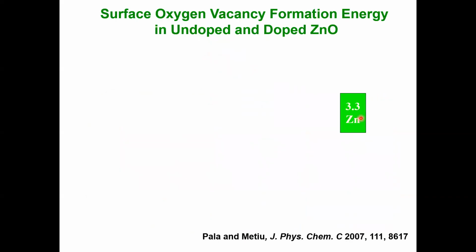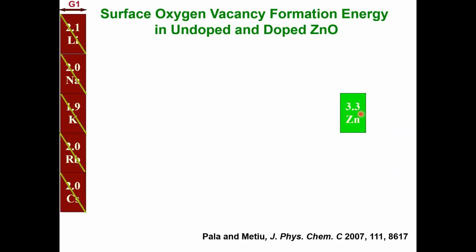So 3.3 eV is involved in this reaction in an undoped system. First I do this reaction inside the computer in just plain zinc oxide. I am having 3.3 eV required to form a vacancy in a host oxide, that is the zinc oxide. So this is a descriptor for oxidation activity. So that's the logic here.